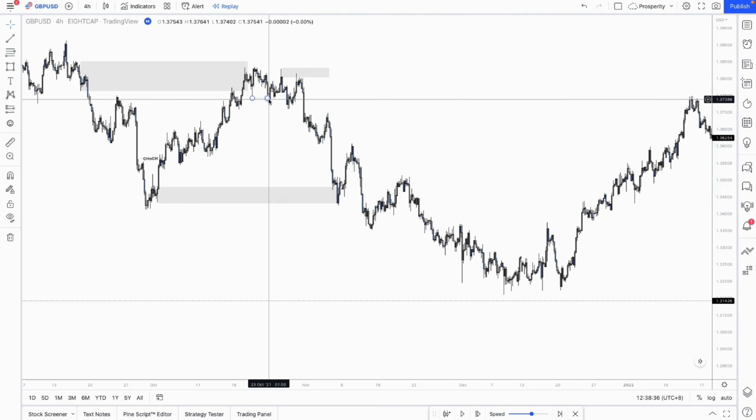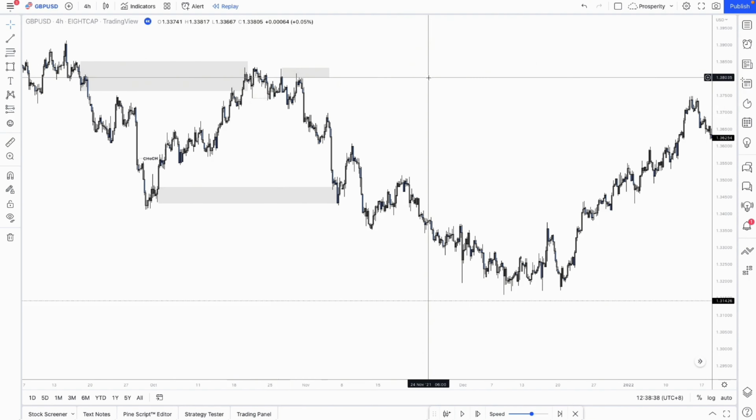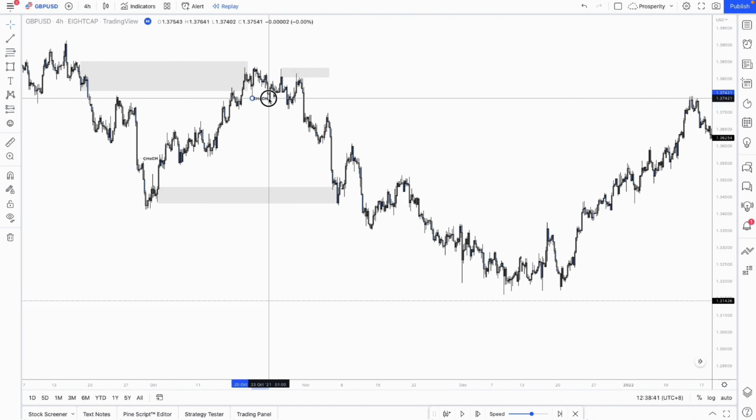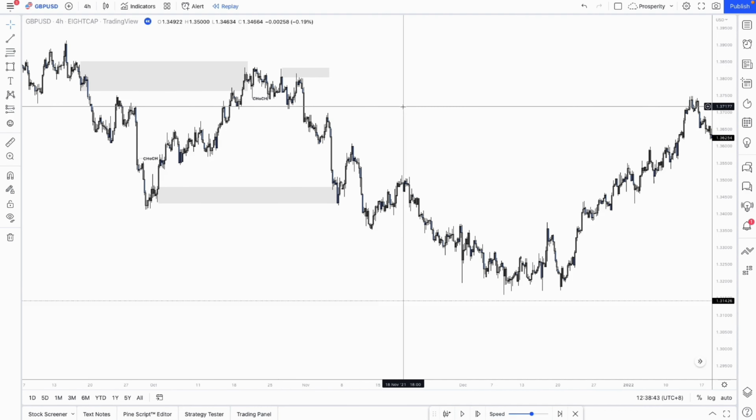Understanding where and when to use change of character is much more important than change of character in and of itself. Change of character, as I said, is the icing on the cake.